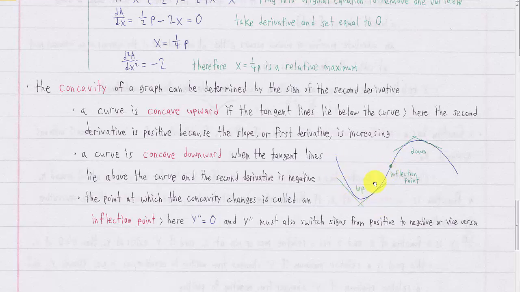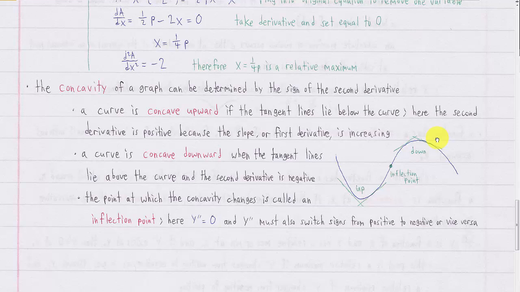So this section is called concave up because it's kind of facing upwards, and this section here is called concave down. Another way to look at it is when the graph is concave upward, all the tangent lines to the graph are going to be below the curve. And in the concave down interval, all the tangent lines are above the curve.